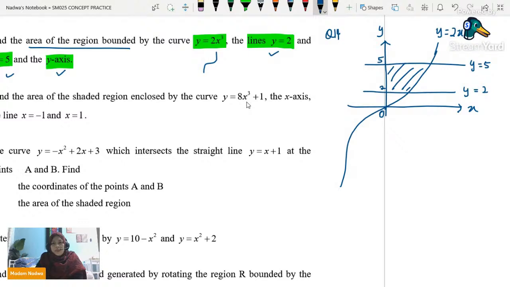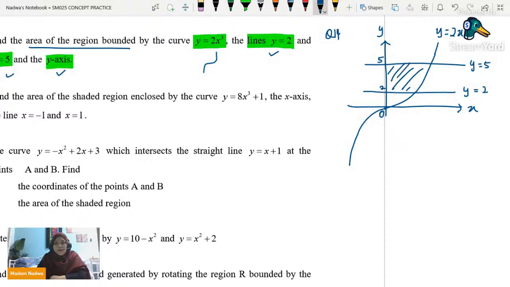Kenapa tak sampai sini cikgu? Okey, tak boleh sebab dia tak kata daripada y sama dengan kosong, ataupun dia tak kata dengan x-axis. Dia kata dia nak y sama dengan 2, y sama dengan 5. So yang kecil kat bawah ni kita tak boleh lah ambil kawasan tersebut. So ni dari ini sahaja kawasan dia.